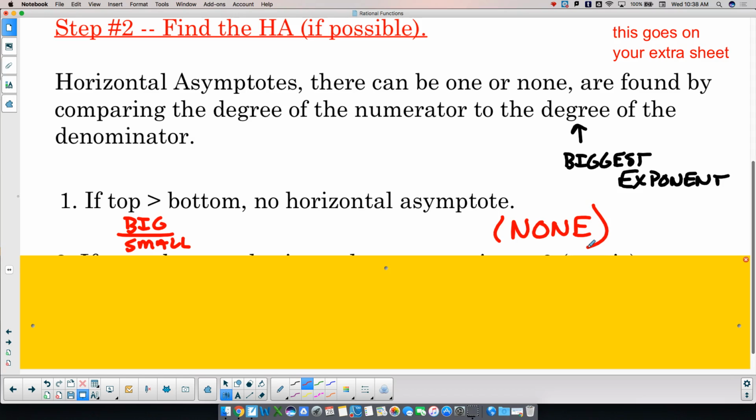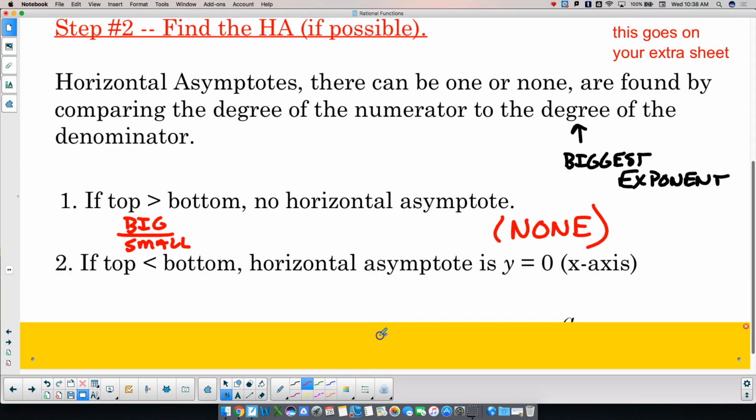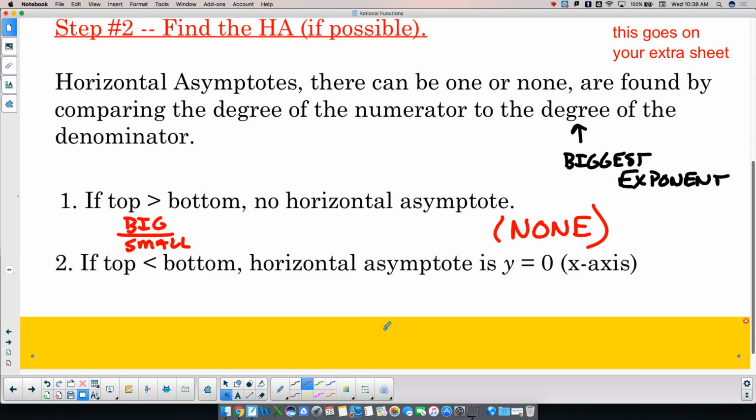You write HA colon none, because there isn't. So top is bigger than the bottom. Second choice, top is smaller than the bottom. This is what we've been doing so far. So now we've got small over big, and then y equals 0 is our horizontal asymptote, our HA.